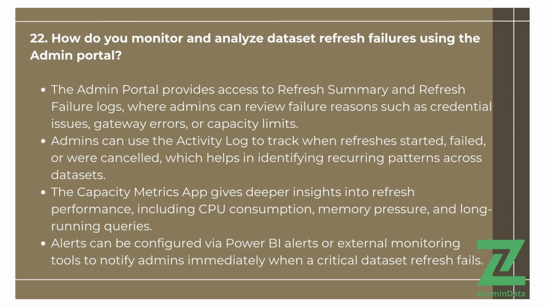The Capacity Metrics app gives deeper insights into refresh performance, including CPU consumption, memory pressure, and long-running queries. Alerts can be configured via Power BI alerts or external monitoring tools to notify admins immediately when a critical dataset refresh fails.